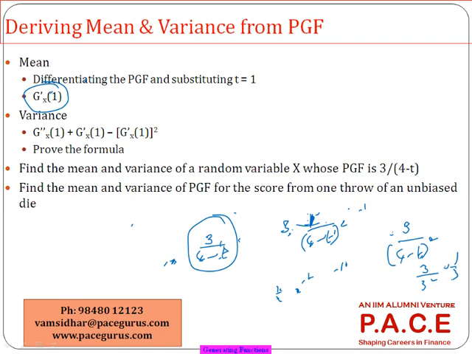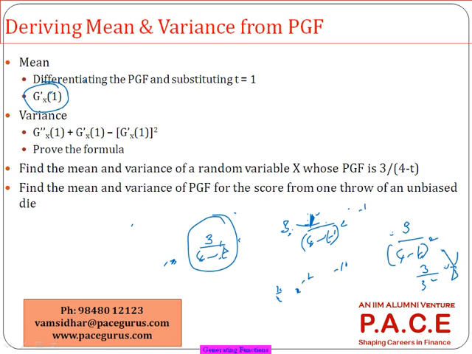So someone has given me a probability generating function, any function, right? Even for a uniform distribution, for a roll of a dice, we have arrived at one PGF. Whatever PGF someone has given to us, if I differentiate it, take the derivative of that, and then put t equal to 1, I will get the mean of that.